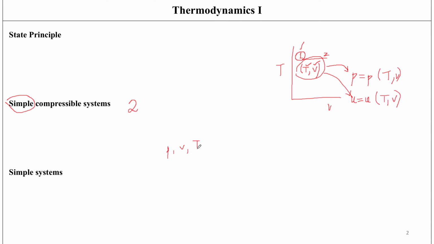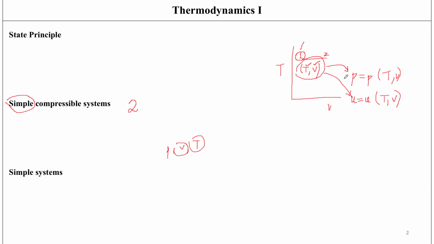And from experiments that have been performed, we know that temperature and specific volume here can be regarded as independent properties, and then pressure is determined as a function of these two, like I've already indicated here.